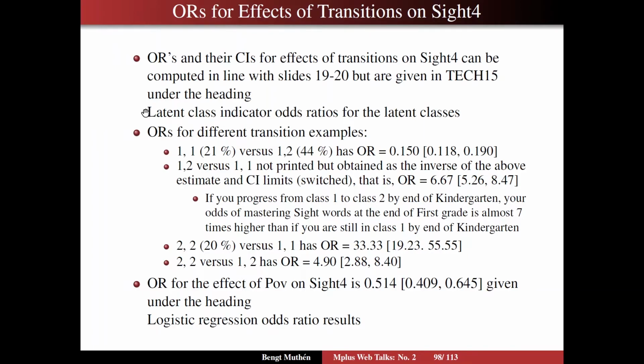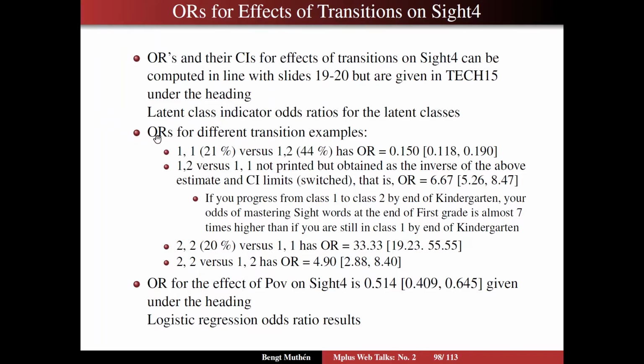It's given under the heading latent class indicator odds ratios for the latent classes. It's not an output segment that we looked at before. I don't use it very often. I look at the probabilities of the latent class indicators as a function of the latent classes instead, but you could have odds ratios results also for those relationships between the classes and the indicators.